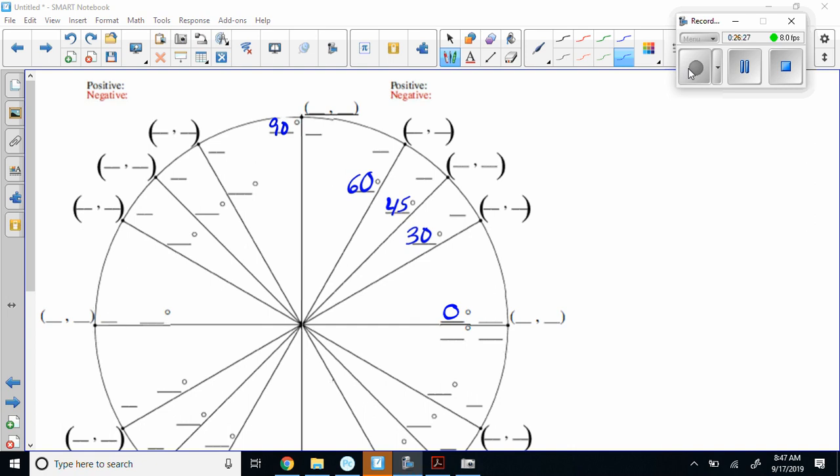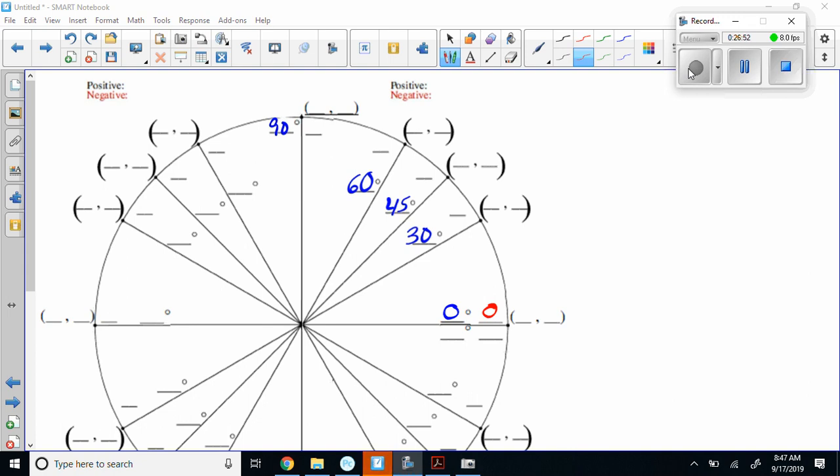Y'all okay with that? The second blank happens to be the radians. So if it's 0 degrees, how many radians is it? 0, good. We said the far right on the x-axis was reference 0, right? So there's 0. What would 30 degrees be?